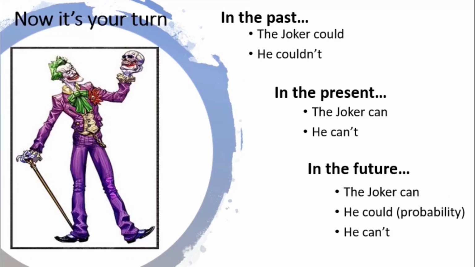Now it's your turn. The Joker. In the past, when the Joker was a child, he could go to school, but he couldn't fight Batman. In the present, the Joker can commit many crimes, but he can't work at the convenience store.